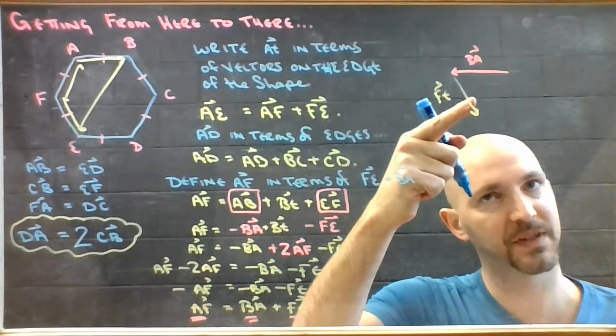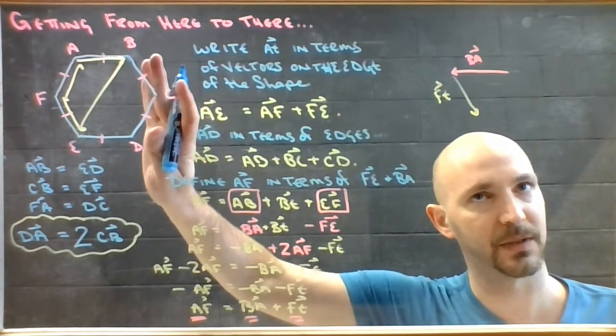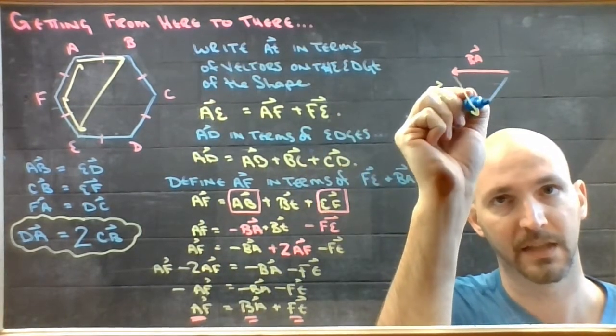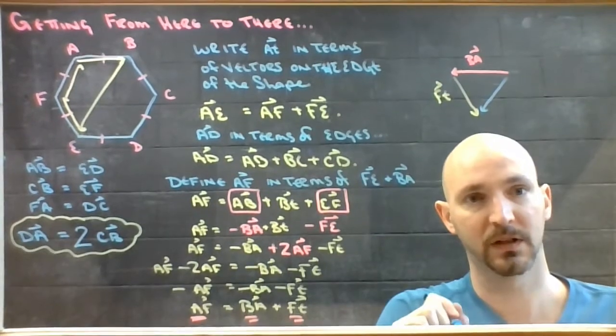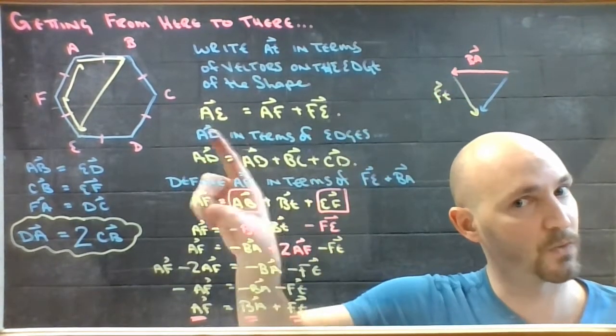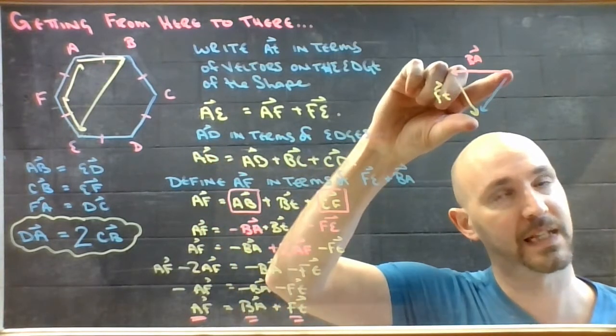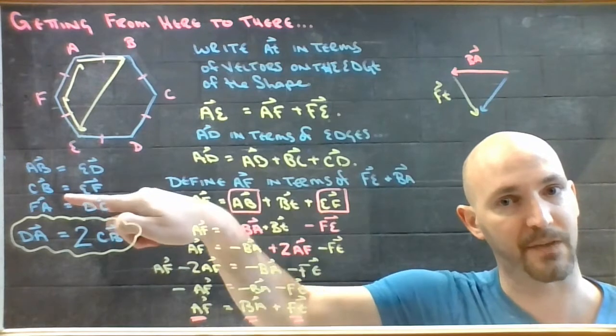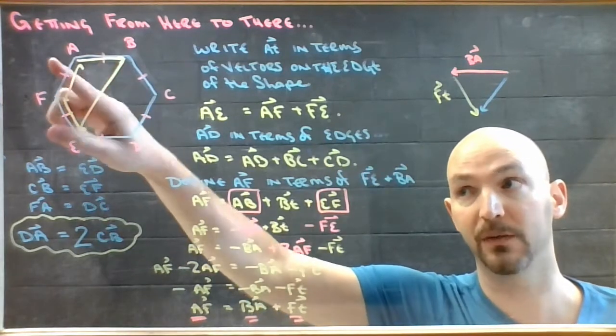So if I just look at this diagram, ignoring the hexagon for a minute, this plus this gives me that. So if I go find AF on the diagram, I should find over there on the hexagon something that's about that long and is heading down and to the left. And if I find AF on there, well, there it is.